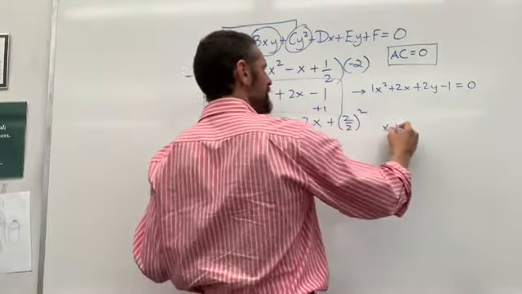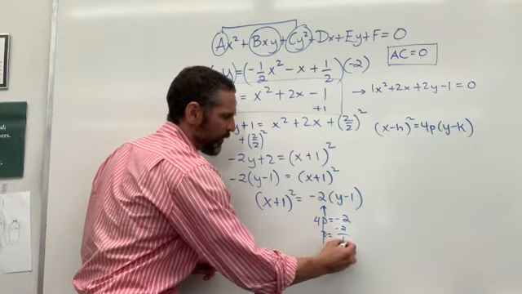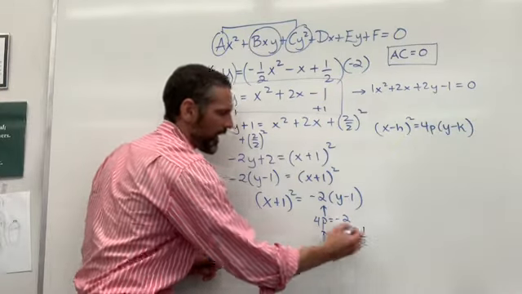So if I flip it around, x plus 1 squared equals negative 2 times y minus 1. Notice our x is squared and our y is to the first. It opens up or down. Our 4p is equal to negative 2. So p is equal to negative 2 over 4, or negative 1/2.